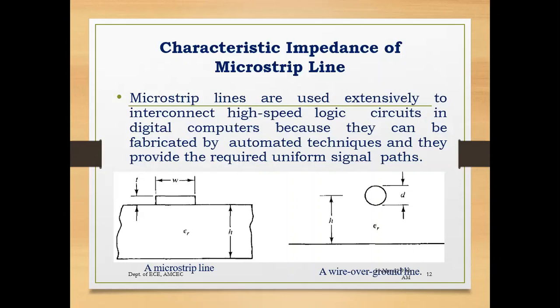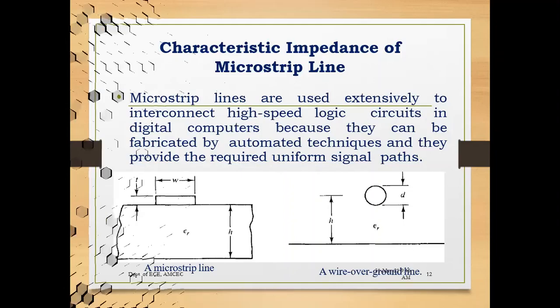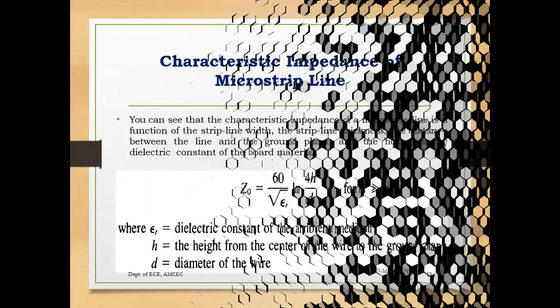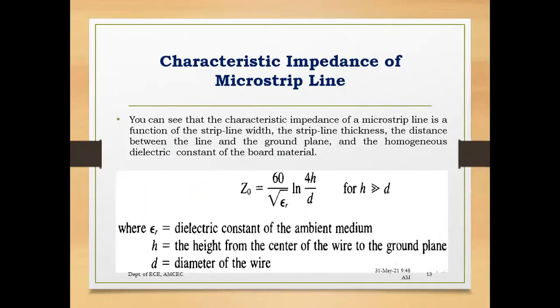It is given by a compensation method, or a comparative method, or an indirect method, which is given by the equation Z0 is equal to 60 divided by square root of epsilon R ln 4h by d. Here it is not epsilon R, it is actually epsilon Re, the effective dielectric constant of the ambient medium. H is the height from the center of the wire to the ground plane.